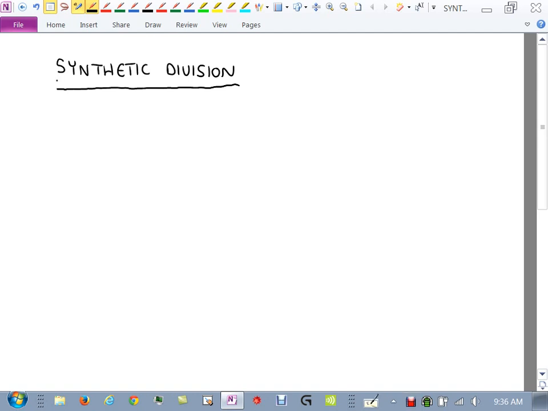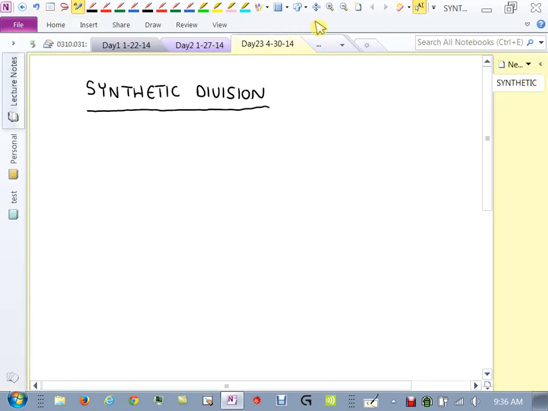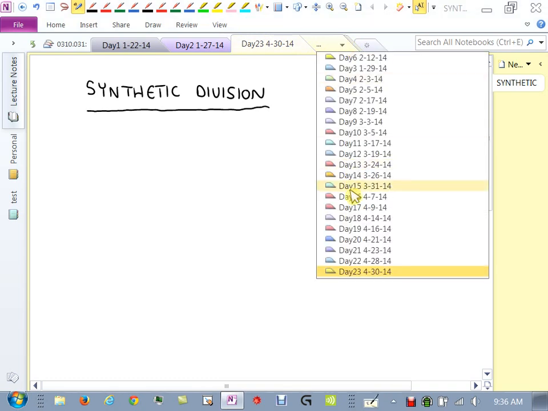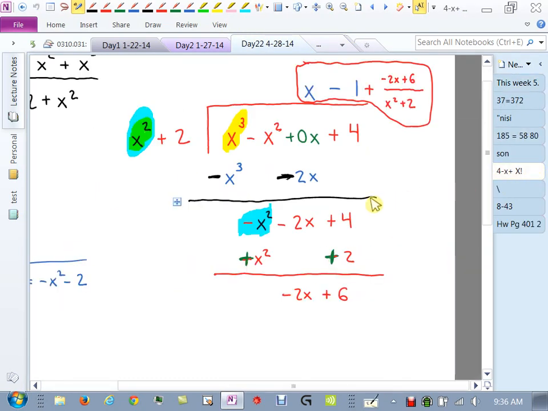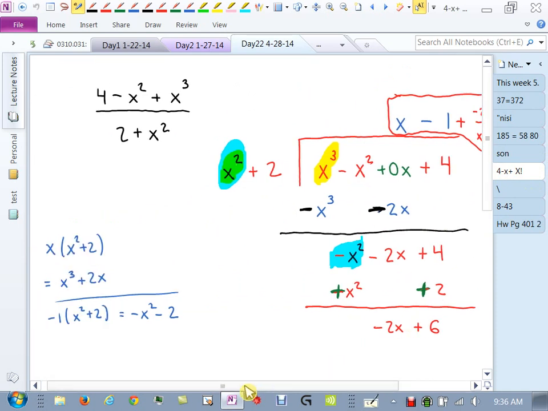So let me try and remind you from last class the types of things that we were doing. Okay, we were doing problems like this one. Here we had a trinomial divided by a binomial. What's the highest power down here on the bottom? What's the degree of this polynomial? 2, right?